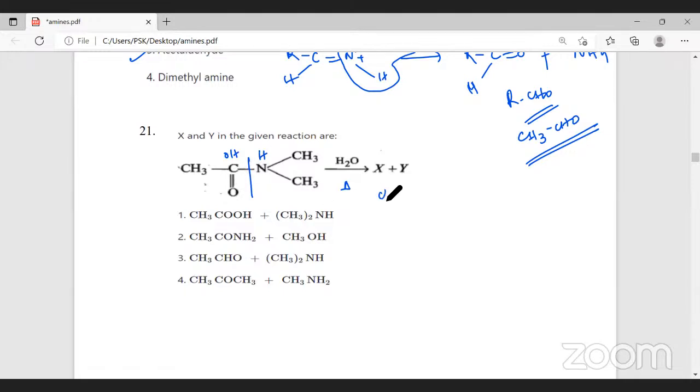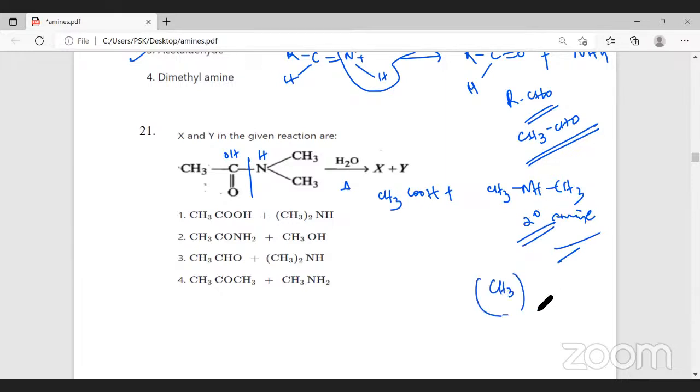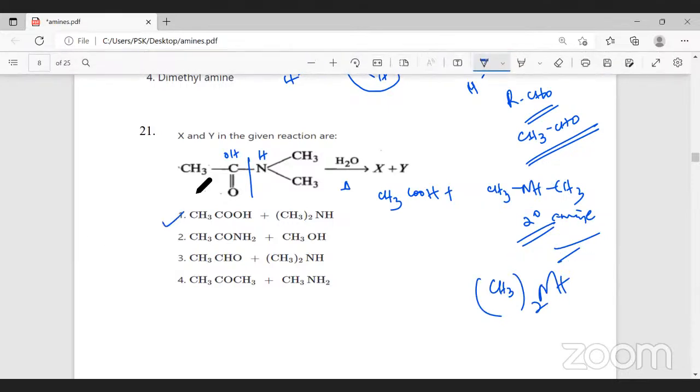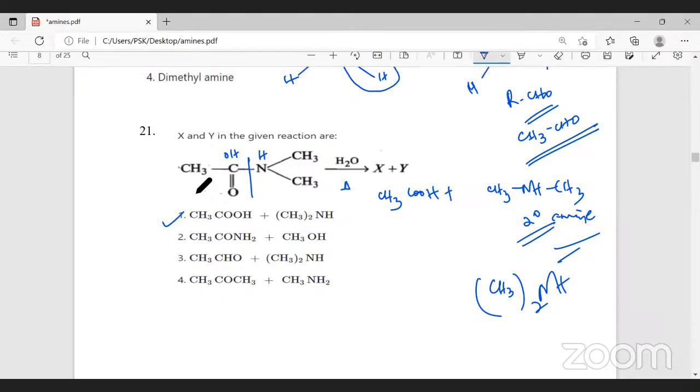So X is CH3COOH, acetic acid, and Y is CH3 NH CH3. This is a secondary amine. Therefore, this can be written as (CH3)2NH. Therefore, the answer for this question is option 1, (CH3)2NH.